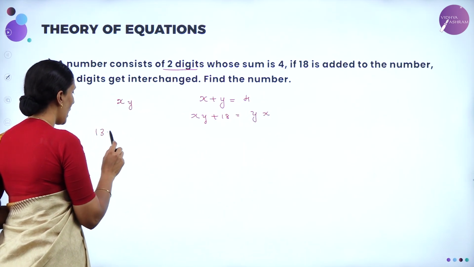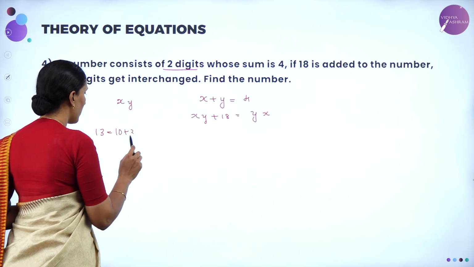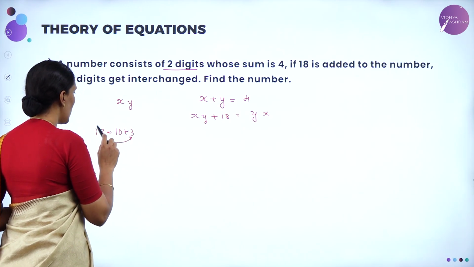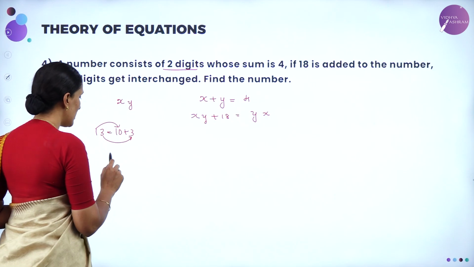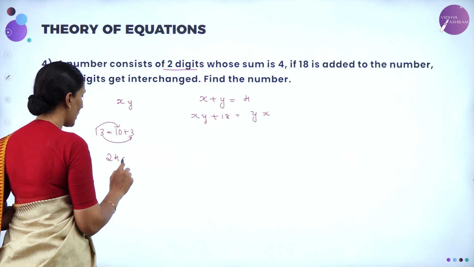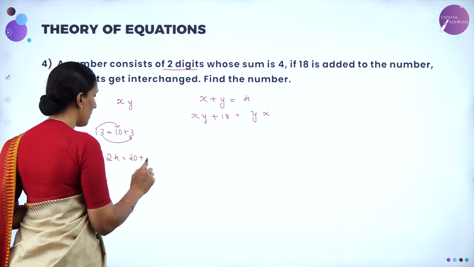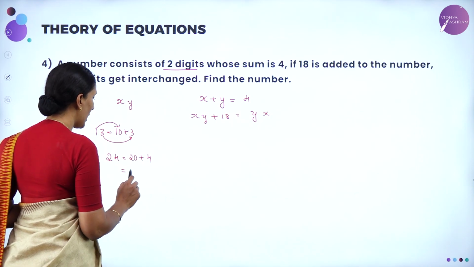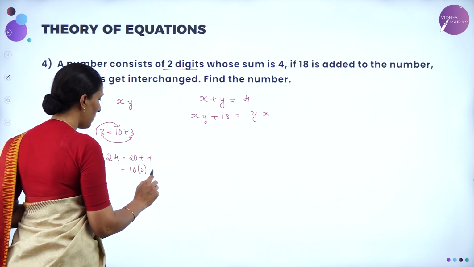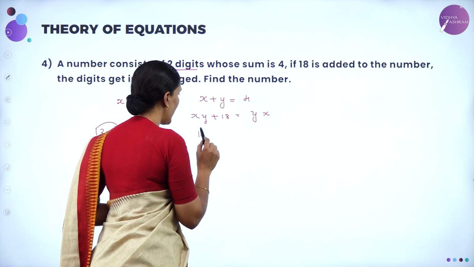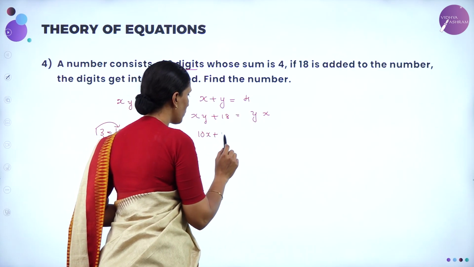Remember, 13 can be written as 10 plus 3, where 3 takes the 1's place, 1 takes the 10's place. Similarly, if we write 24, we can write it in the form of 10 plus 4, which can be written as 10 into 2 plus 4. Similarly, we can write xy as 10x plus y.